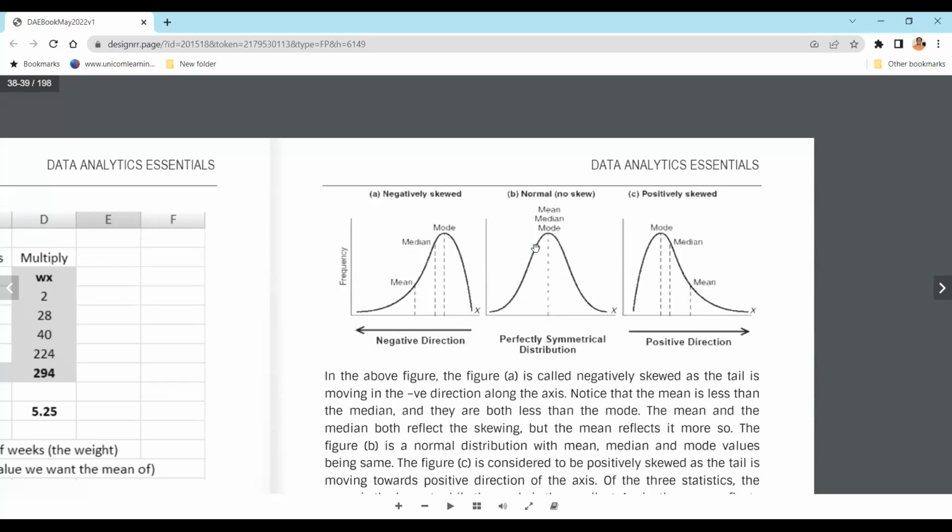Very tall people will be very few. Very short people will also be very few, isn't it? So that's why you see the ends will always be smaller and the center will always be bigger. In normal, but we have other cases also, right? So this is called a perfectly symmetrical distribution or normal distribution or no skew, zero skew.